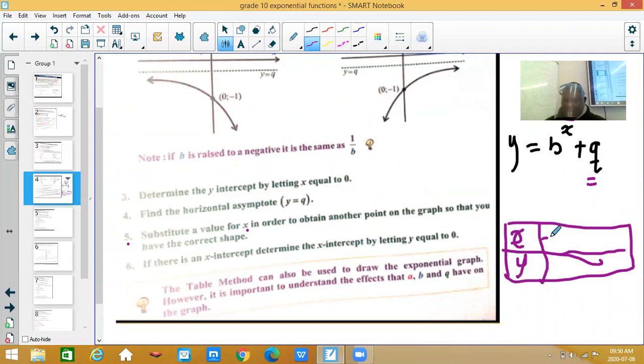You may take -1, 0, 1, or even 2. You substitute in the equation that you were given so that you get these points, and then you plot them. But when they are saying sketch, you only need to know the shape of the graph, and that's all. Are you following? Today we've got so many slides, but I'm sure in our double period we'll make it.